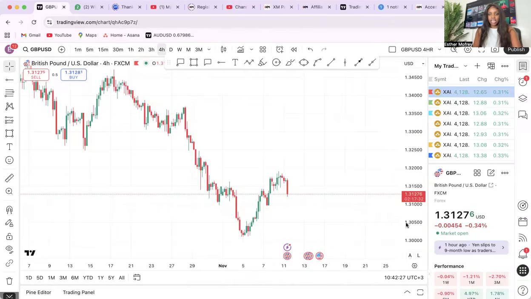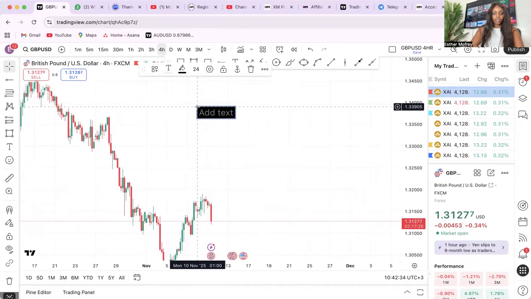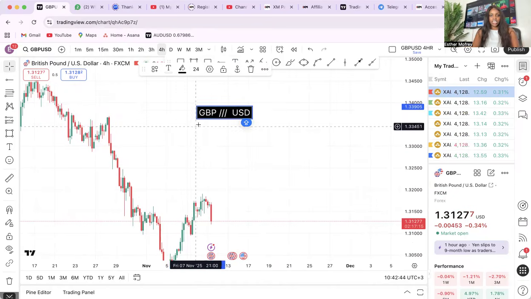So this is our chart. This is GBP USD, and we are trading in this chart. What we are seeing is two currencies that have been combined. That's what we are calling a pair.